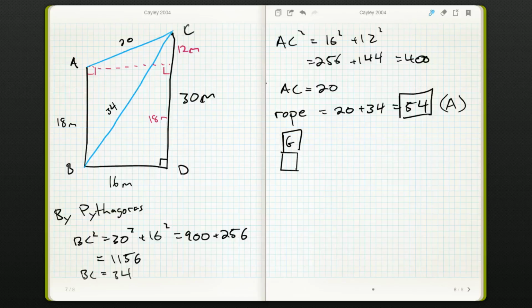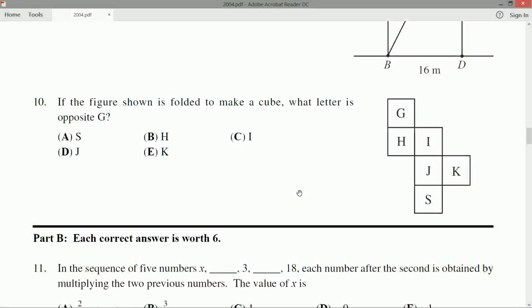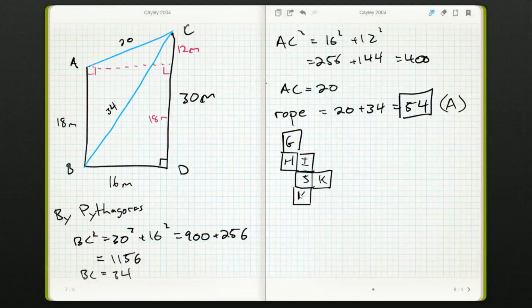So I'm just going to draw my net here: I, J, K, and the bottom one was S. My mistake. So I'll make the J a little clearer, and S.